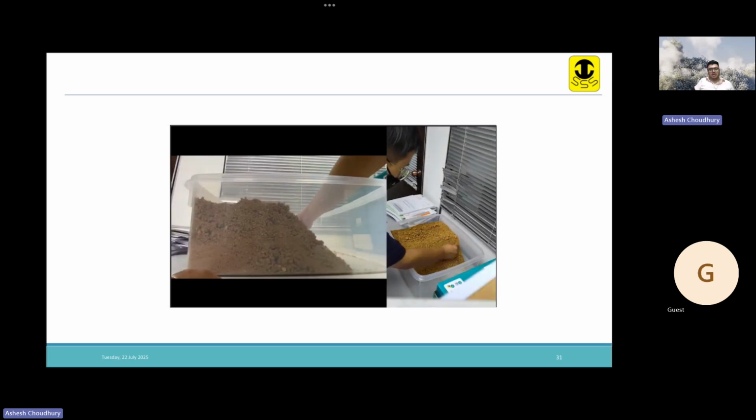anymore. Okay, now they are nailing the slope with the help of wooden toothpicks.